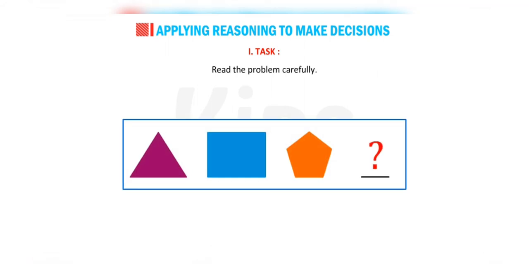Task means our problem or question. Read the problem carefully. Here our problem is: first is triangle, second is rectangle, third one is pentagon, and what will come next, that we have to find. This is our task. What comes next in the sequence? We have to identify what shape will come next.